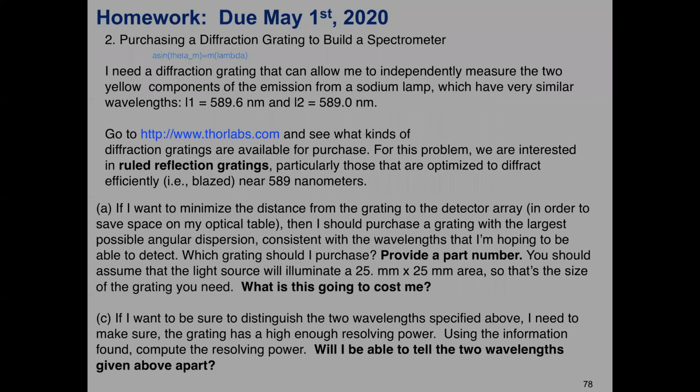The second problem here looks really long, but a lot of it is, I want you to get an experience I was going to give you in lab, where you're going to look at some gratings that you can find from a company like Thorlabs, see what they cost, what you can buy, and find part numbers, but then also use the information to determine whether we have enough resolution to tell apart the different frequencies that we want to measure in a spectrometer we're going to build.